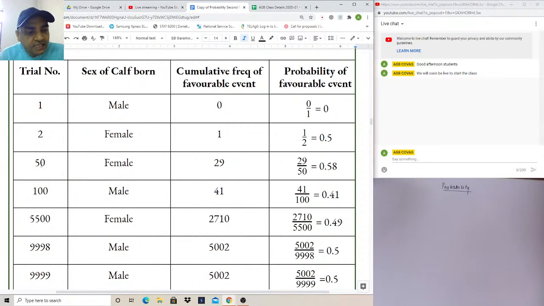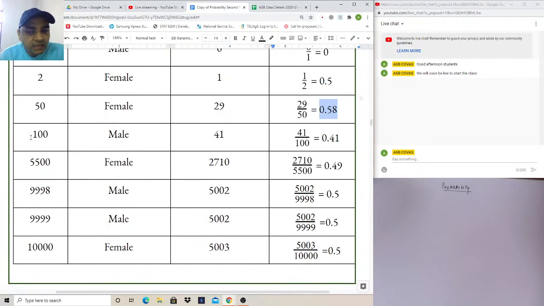Then after 50 parturitions, we found that 29 females were born, so our probability of getting a female birth comes out to be 0.58. Now when this increases to 100, there was a birth of a male, and in total we get 41 females, so our probability decreases to 0.41.